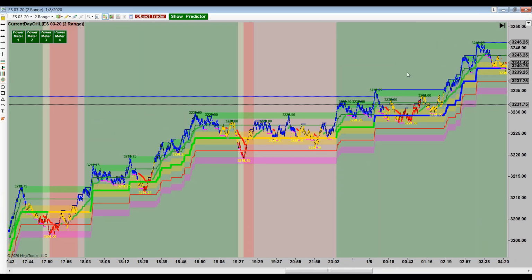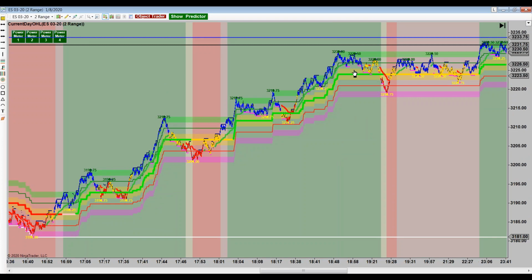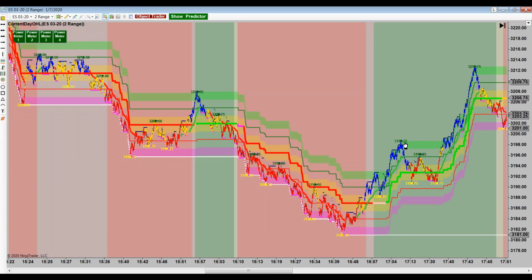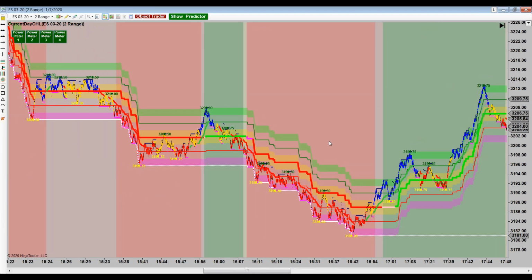You might not like ES. And let me tell you some of the frustrating parts about ES. What I like about ES sometimes is that when it trends, when it comes back and does retracements into the mid-band area, you can put some pretty good support and resistance levels in a trend, and it will respect those a lot.